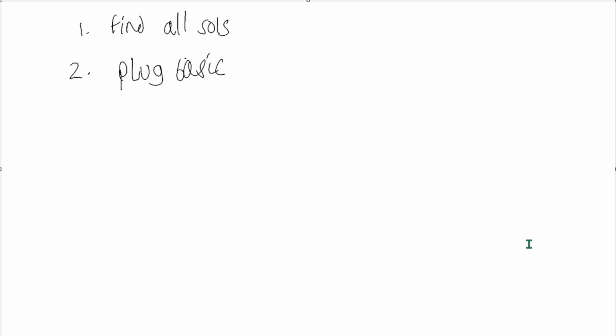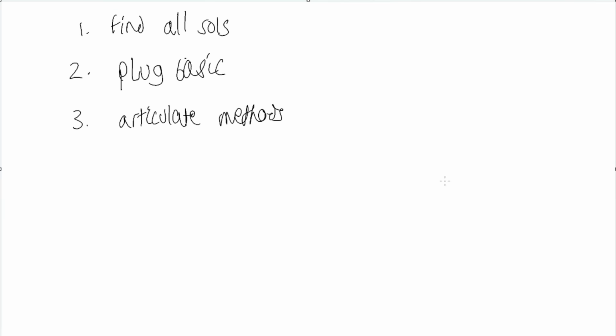Now, all functional equations are not as simple as that, so you often have to try more articulate methods. These articulate methods are basically learned over time. As you do more and more FEs, you're going to learn more and more of these methods.